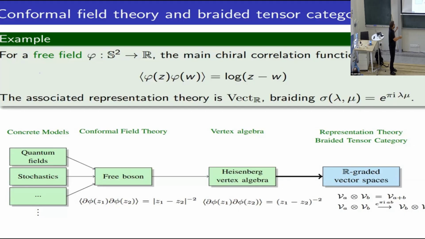It consists of simple objects V_a, with a any real number, and V_a tensor V_b is just V_{a+b}. So direct sums of these would be R-graded vector spaces. The tensor product has a braiding, but there's a non-trivial choice involved, which has to do with the multi-valuedness of this logarithm. So this was maybe a long detour, but this is the picture I have in mind, and I'm talking about this arrow and how to invert it, more or less.